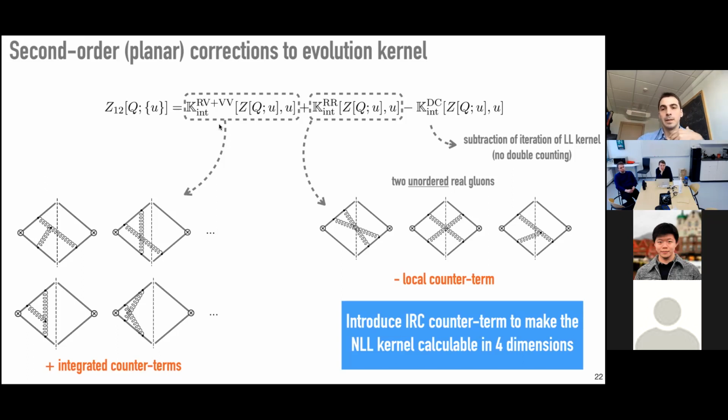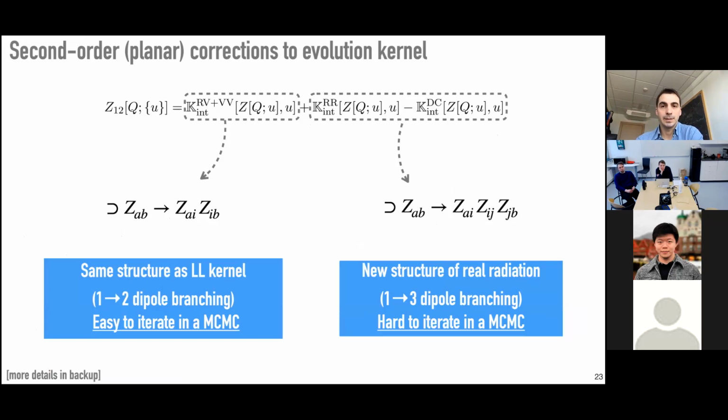Now, this is simple on paper, but practically the structure of this equation is too complicated. What this means is that this first term that involves real-virtual and virtual-virtual corrections, as you can expect, has the same dipole structure of the one-loop evolution kernel, because at most one real gluon is emitted, the others are virtual.